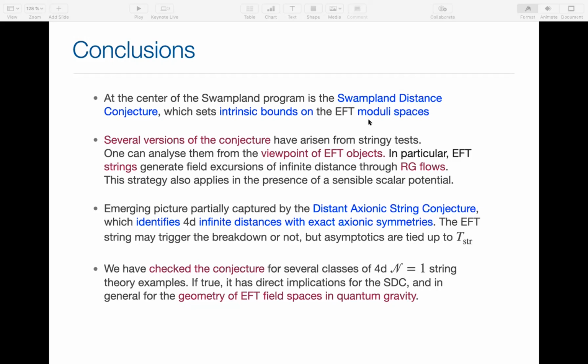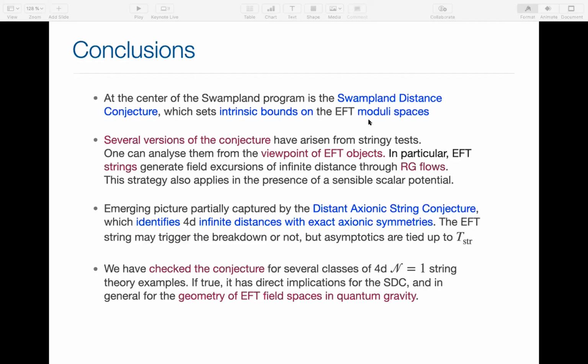So I would first try to generalize our setup to those settings before trying to say anything as general. But if you tell me, look, this guy is a fundamental axion, I could try to apply what we have done, yes. Okay, thanks.